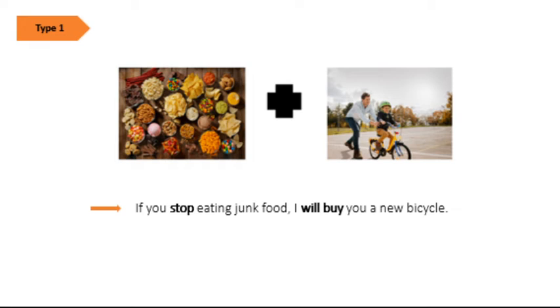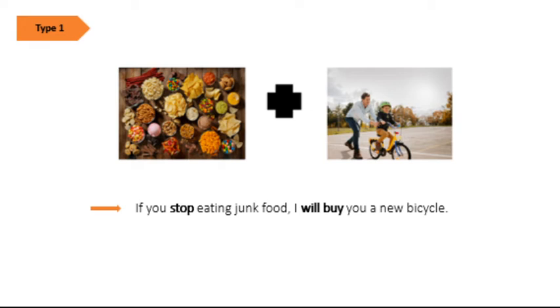So when the father can get his son a new bicycle? Only if he stops eating junk food. So the condition here is stop eating junk food. And the result is buying him a new bicycle.